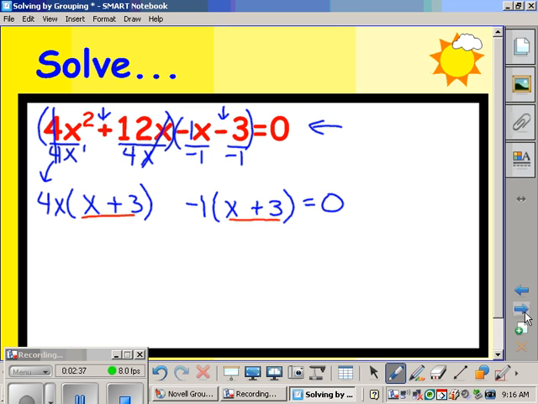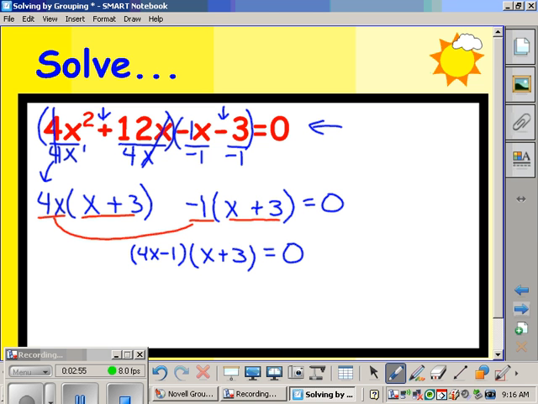So from here, we can drop down our matching binomial, just one of them. And then if you recall, to get our second binomial, we take our greatest common factors, combine them together into one binomial, which would give us 4x minus 1. And then we have the equals 0 at the end.